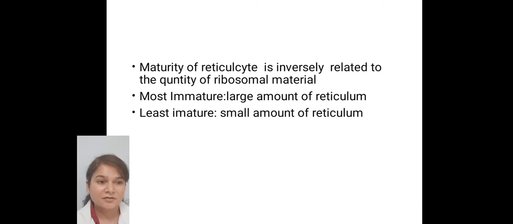The most immature reticulocyte contains a large amount of reticulum and is larger in size, and the least immature retic cell has a small amount of reticulum and is small in size.